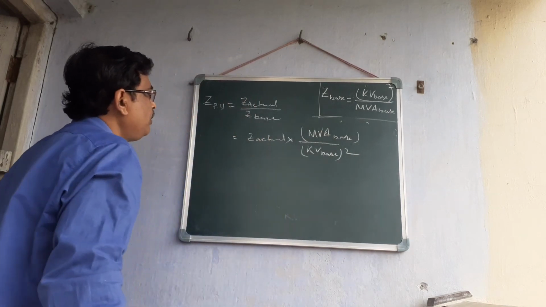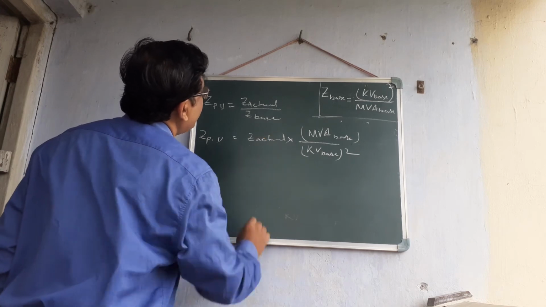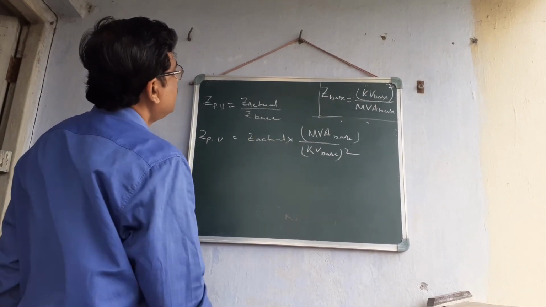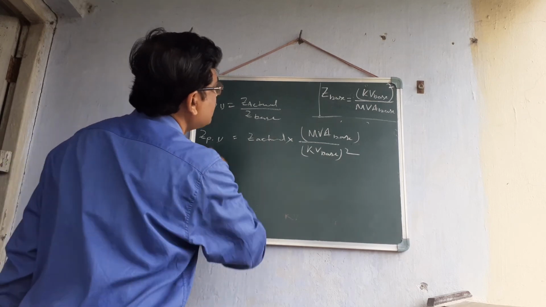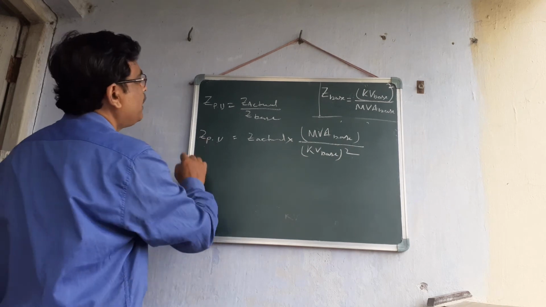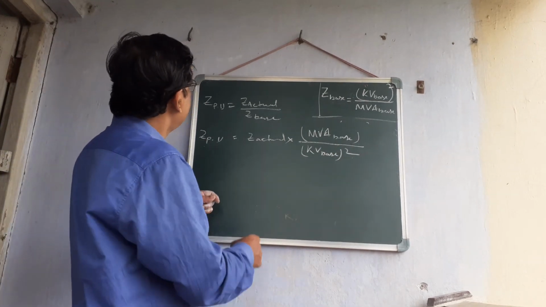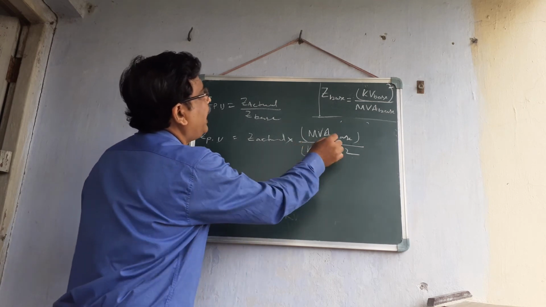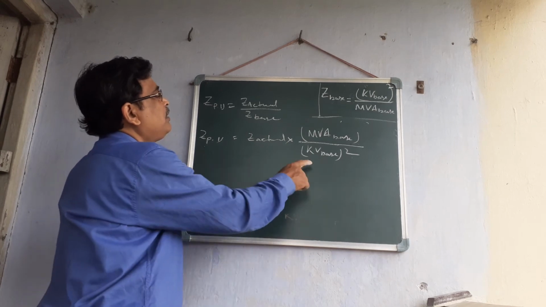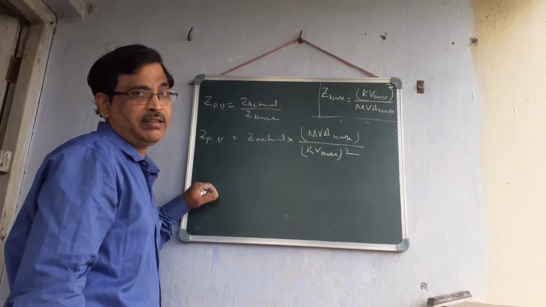Now Z actual is a constant value. In the per unit system, Z is directly proportional to MVA base and inversely proportional to base kV square.